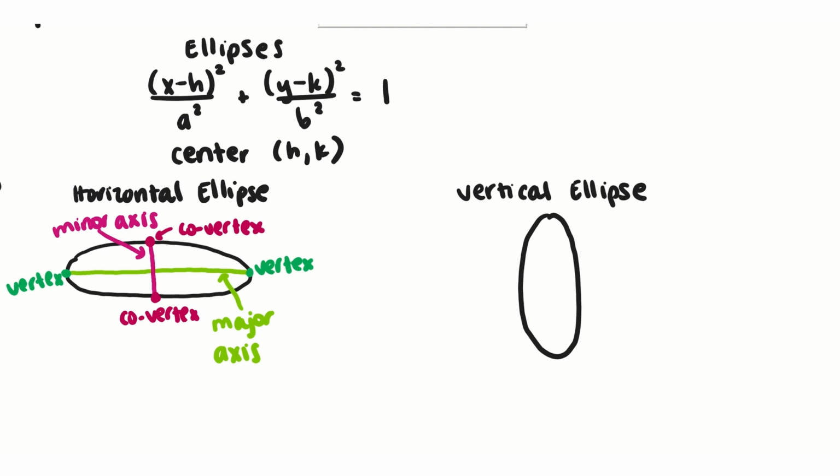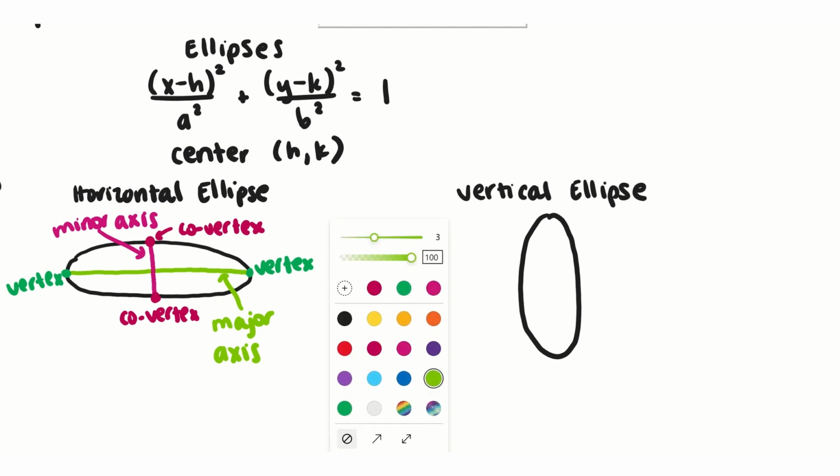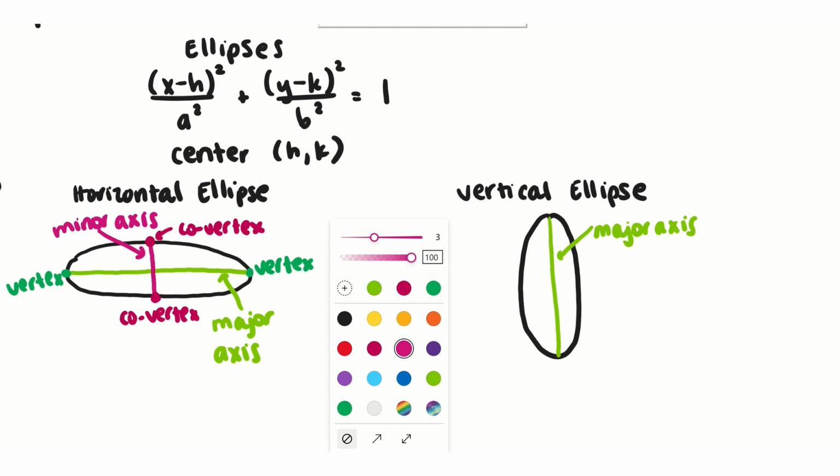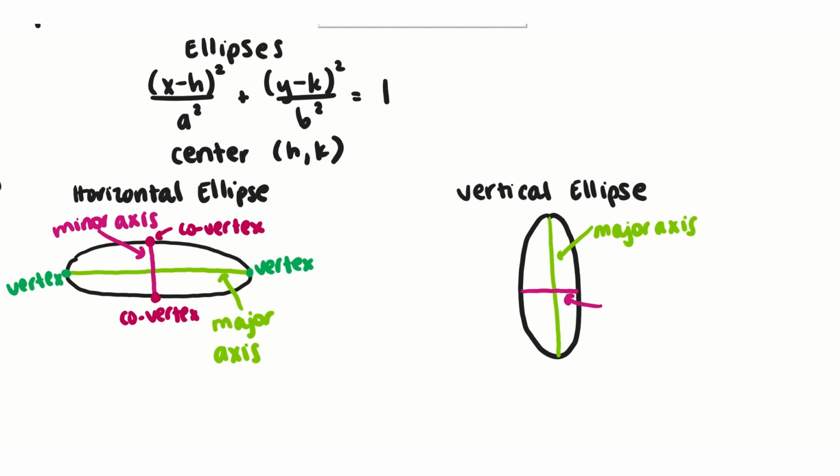A vertical ellipse is an ellipse that has been stretched vertically. So in this case, the major axis will be the vertical axis, and then the minor axis, or the shorter axis, will be the horizontal axis.